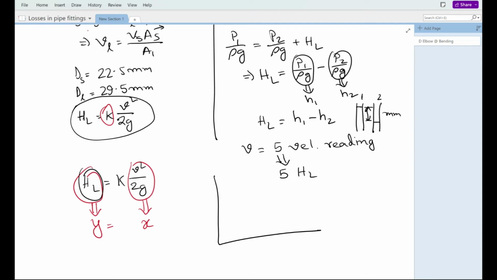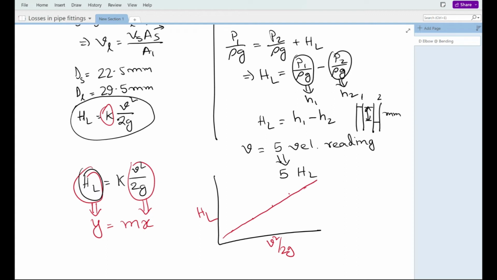So we have a smaller pipe and a larger pipe. Here we can say velocity in the smaller pipe, Vs, and velocity in the larger pipe, VL. At the smaller pipe the velocity should be higher than in the larger pipe, so VL is less than Vs.